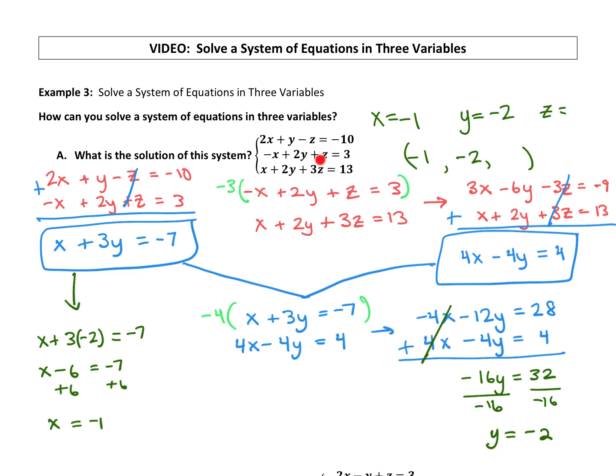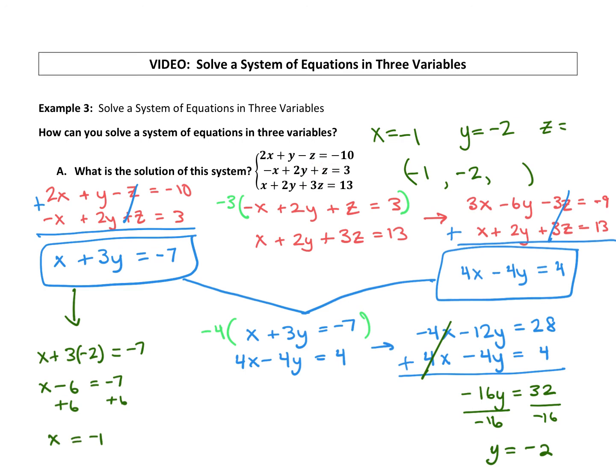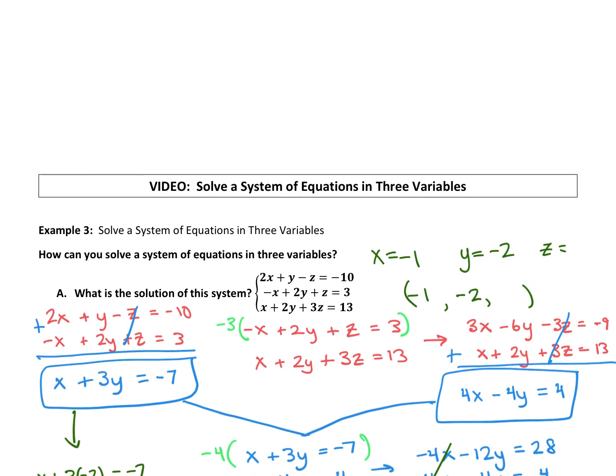This positive z right here looks easiest to me, so I'm going to plug into the second equation. I'm going to do that work up here. So plugging into that second equation, we have a negative x. So negative, our x is a negative 1, plus 2 times a negative 2.